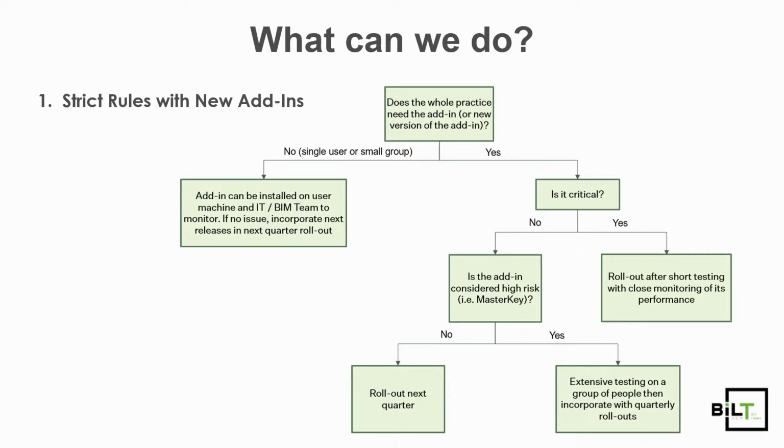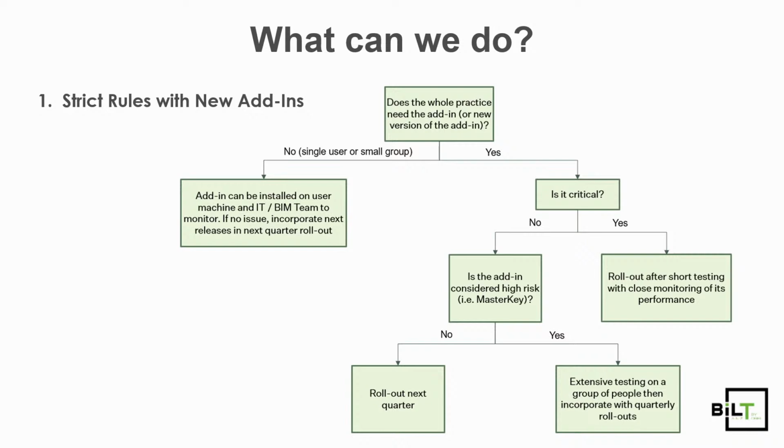If the whole practice needs it, then we ask ourselves, is it critical or not? By critical, I mean, for example, if we do all of the testing and then roll out the new version of the add-in, thinking it's going to be smooth and fine, but then an issue comes up, and we go back to the people that created the add-in and say, you need to fix it, and they come back to us with a new version to fix the problem that the previous version had.